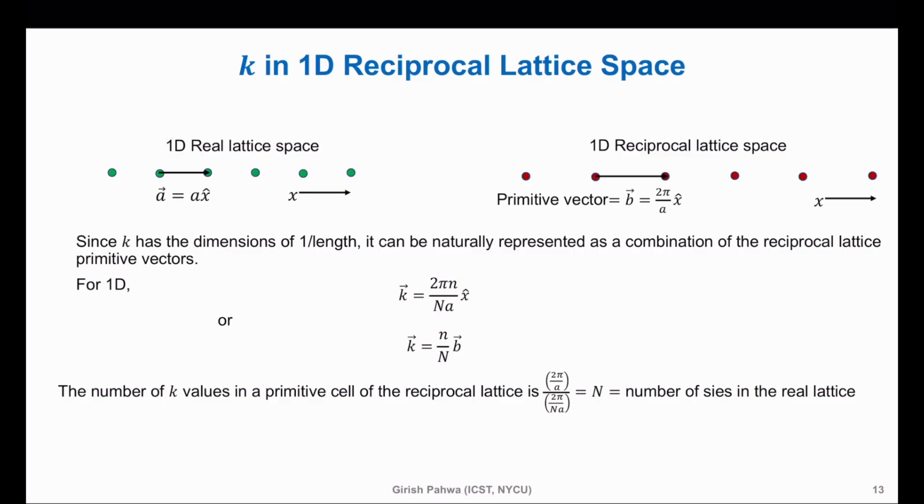Yes, so that is capital N, which is equal to the number of sites in the real lattice. You see, in one primitive vector of the reciprocal lattice, you can fit capital N number of k points. What is N? N is the number of atoms or number of lattice points in the real lattice.